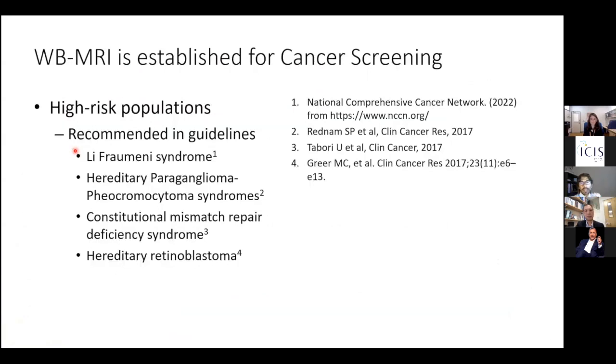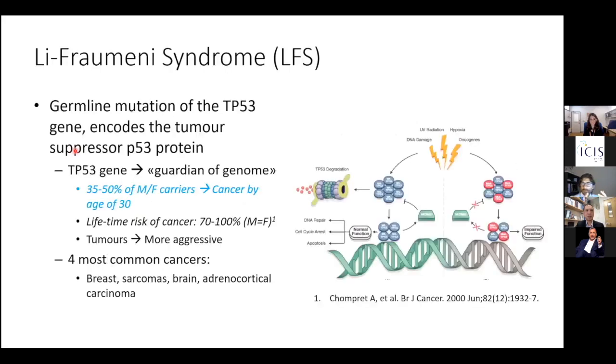Whole body MRI is a well-established technique for cancer screening if we consider a risk population. By that, I mean carriers of Li-Fraumeni syndrome, hereditary paraganglioma, constitutional mismatch repair, and those with retinoblastoma. And probably the best known is the Li-Fraumeni syndrome.